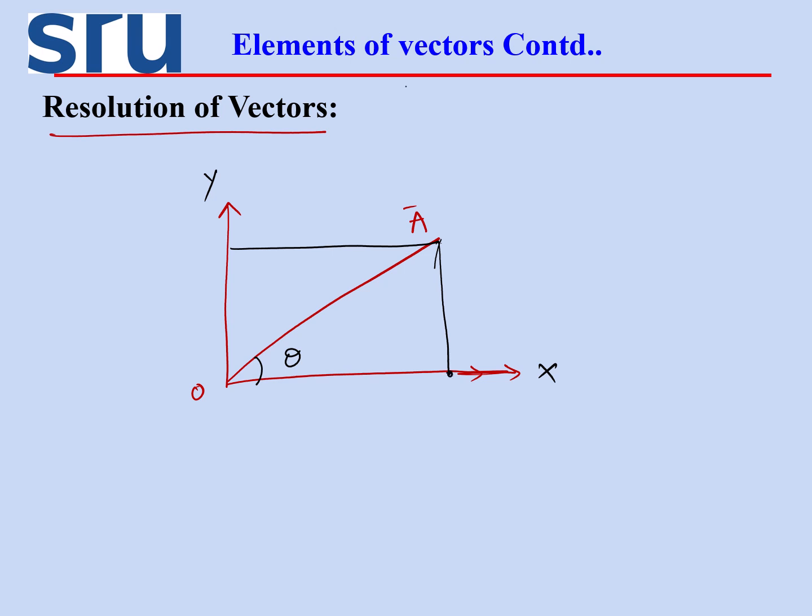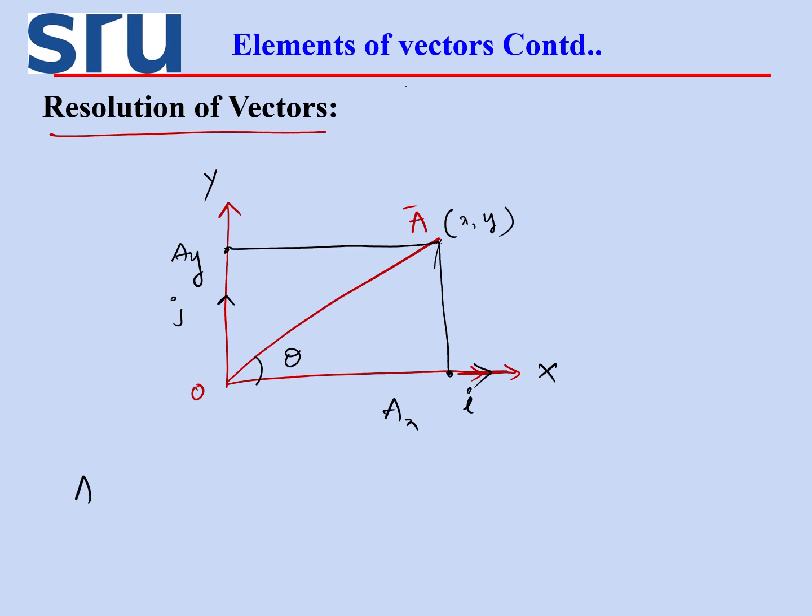The intercepts are Ax and Ay. Here i is the unit vector along the x-axis and j is the unit vector along the y-axis. The coordinates of A are x, y.